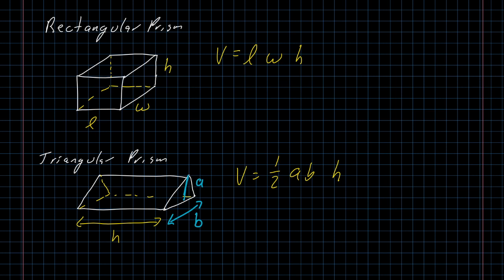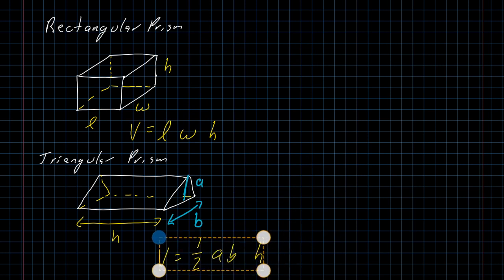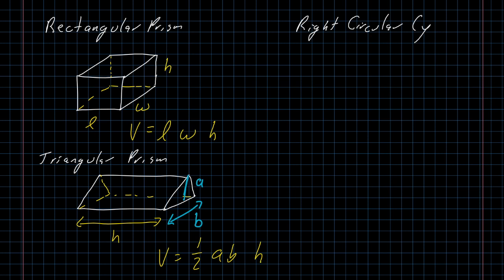All right, let me shuffle some things around a little bit. I would like to fit all 3 of these on the screen at once. So let's tuck these formulas a little bit out of the way so that I can also deal with the right circular cylinder. The right circular cylinder is a can.